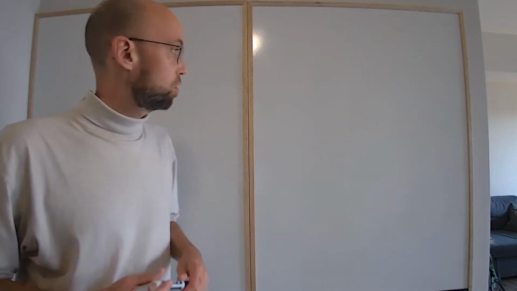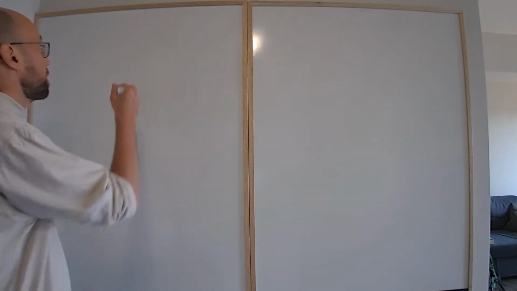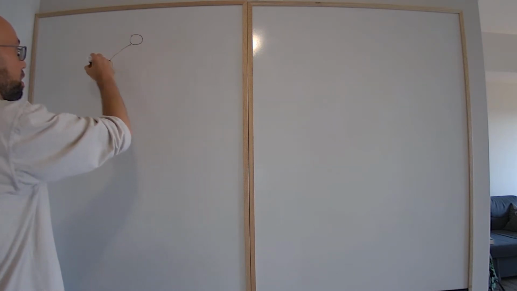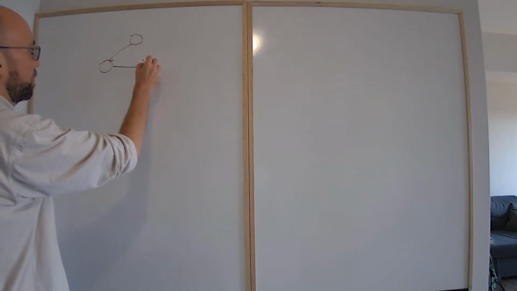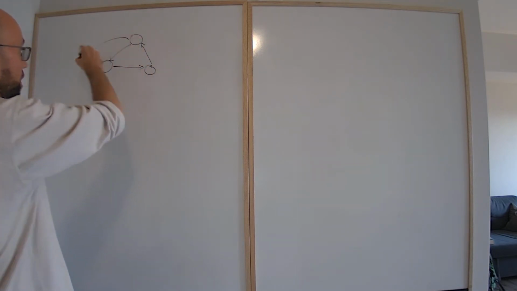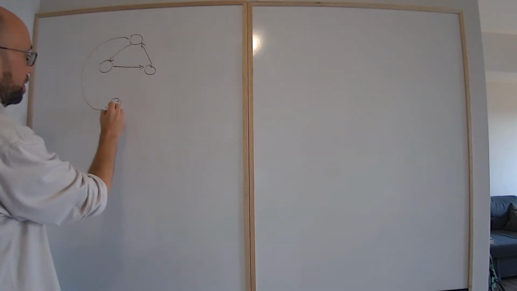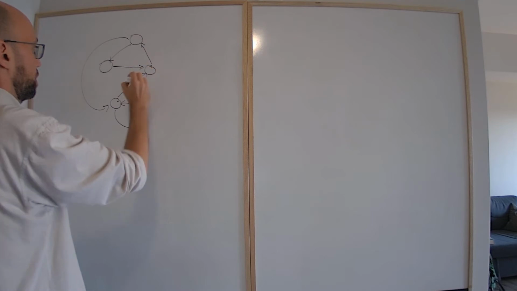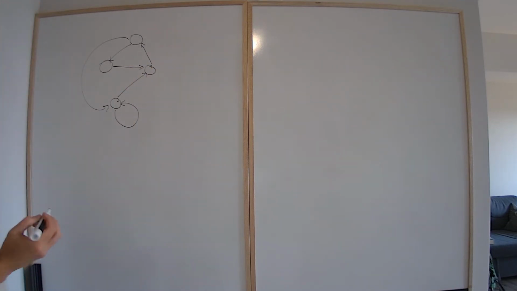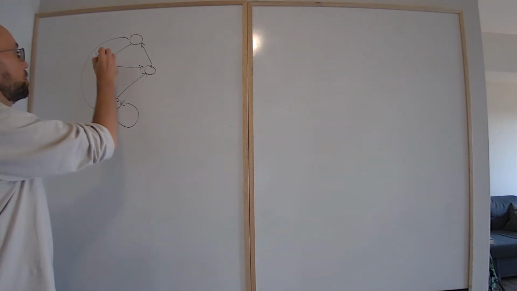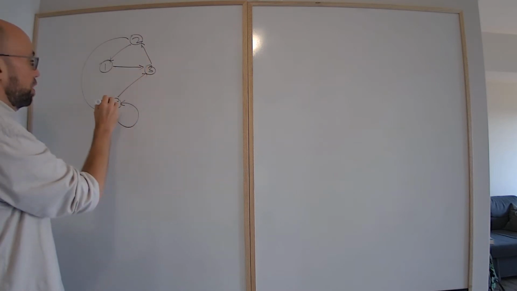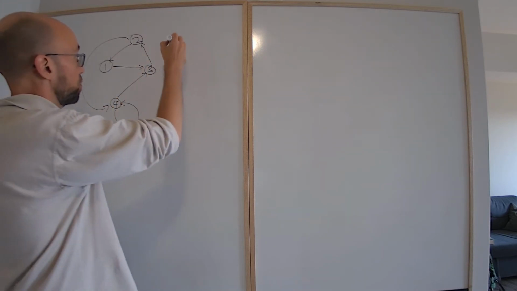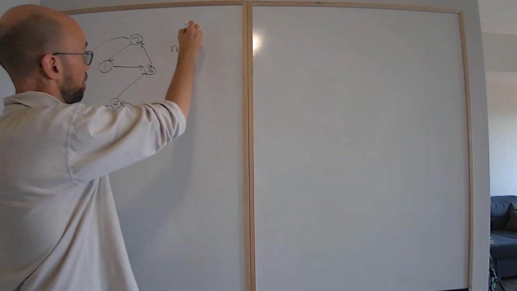Okay, so matrix multiplication. So let's choose some graph. Doesn't really matter. Let's make it small. Okay, how about this? This seems like a nice general kind of graph. 1, 2, 3, 4. So we start out by drawing the adjacency matrix of this graph.